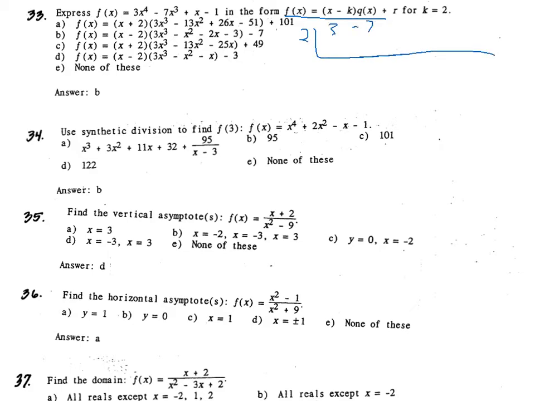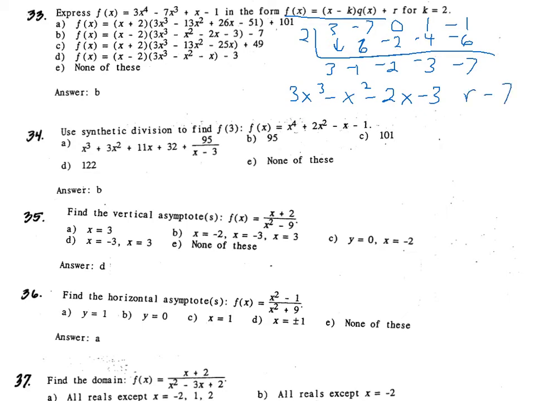And I'm missing an x squared term, so I need to fill in a 0. So I have 3x cubed minus x squared minus 2x minus 3. And my remainder is negative 7.